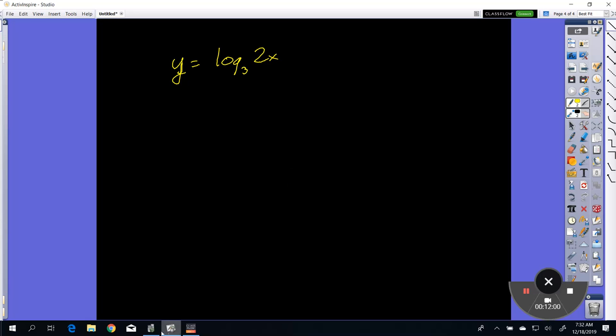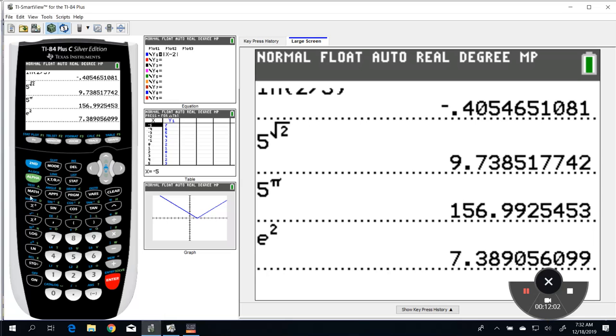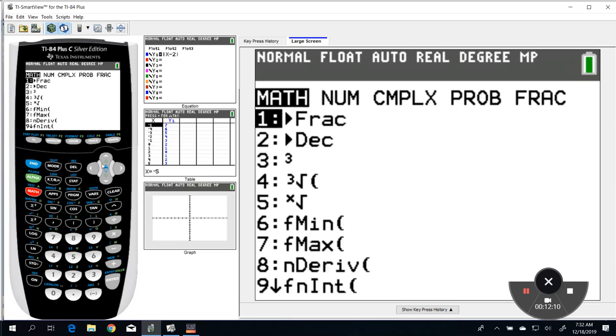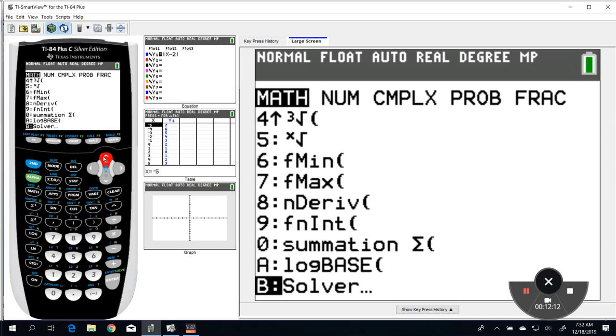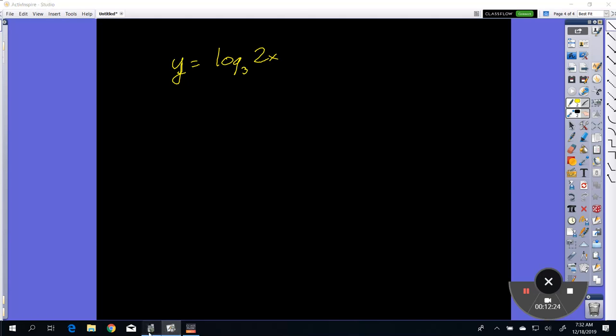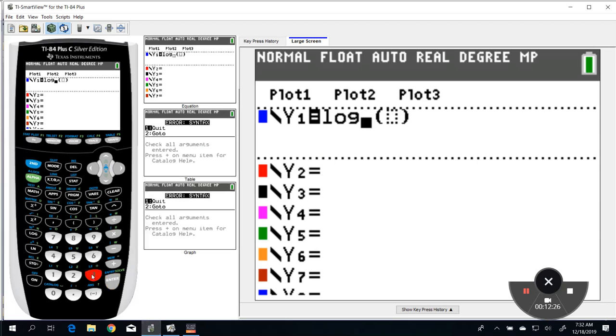So if you go to y equals, then hit the math button, and if you hit the up arrow, it's faster, you can get to where it says log base. Then I choose enter, and I can type in whatever I want. If that's log 3 2x, I can type a 3 here and a 2x in there.